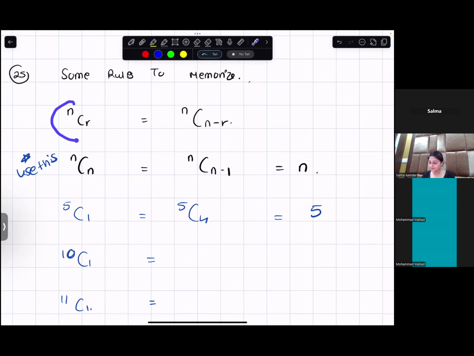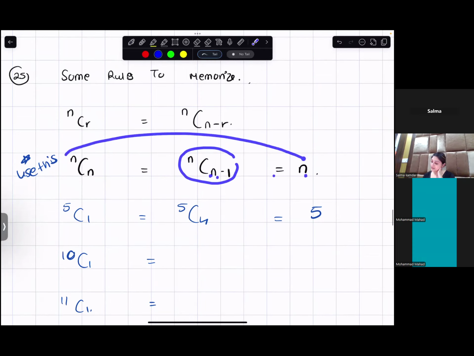NCR is equal to NCN minus R. NC1 is equal to NCN minus 1, and it is always going to be equal to n.